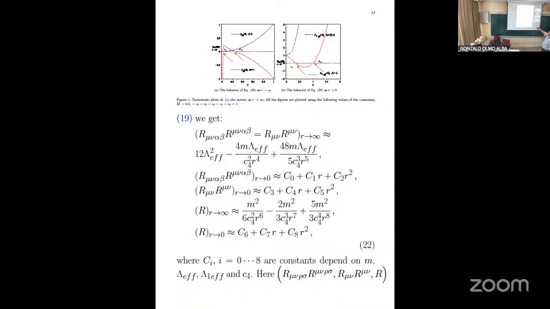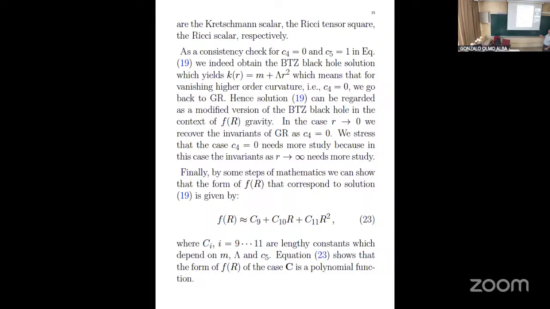And here is for small r, where we have two horizons also for lambda less than 0 and no horizons for lambda greater than 0. This is the behavior of the metric.